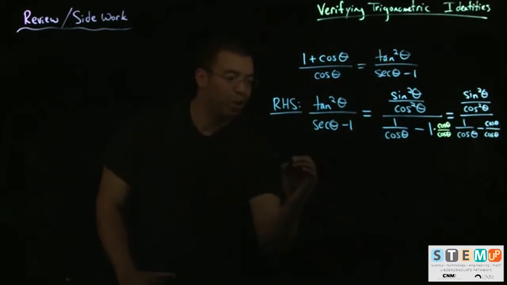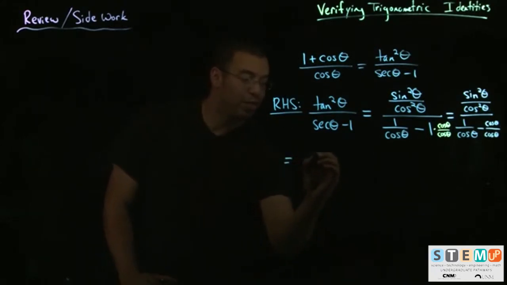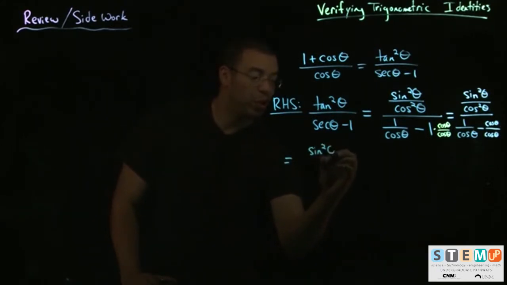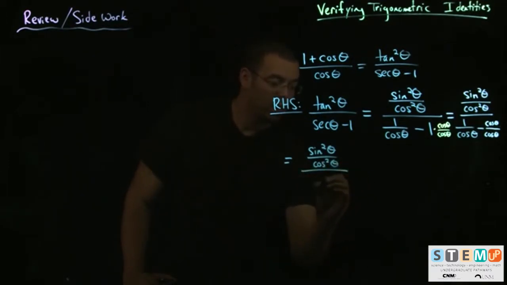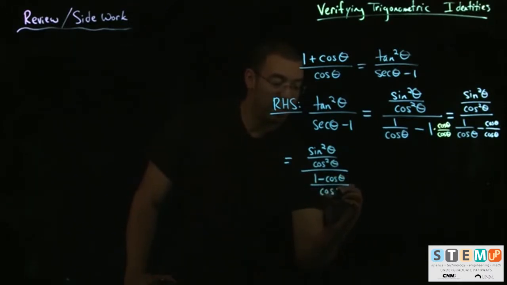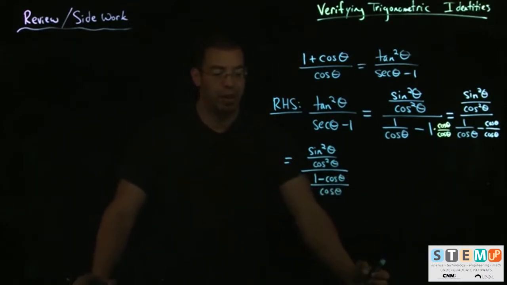So I have sine squared over cosine squared over, and now I can write this as 1 minus cosine theta over cosine theta, right? So now they have the same denominator.